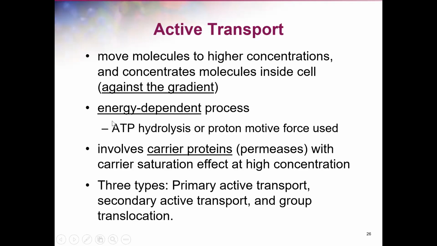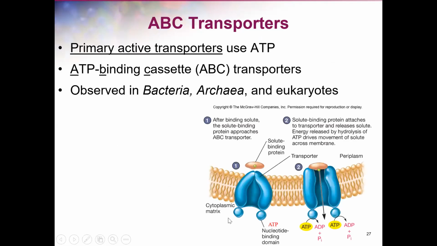Either ATP or proton motive force. We'll talk about that later on. Then they need a protein, carrier protein, or permease to help this process. And there are three types: primary active transport, secondary active transport, and group translocation.